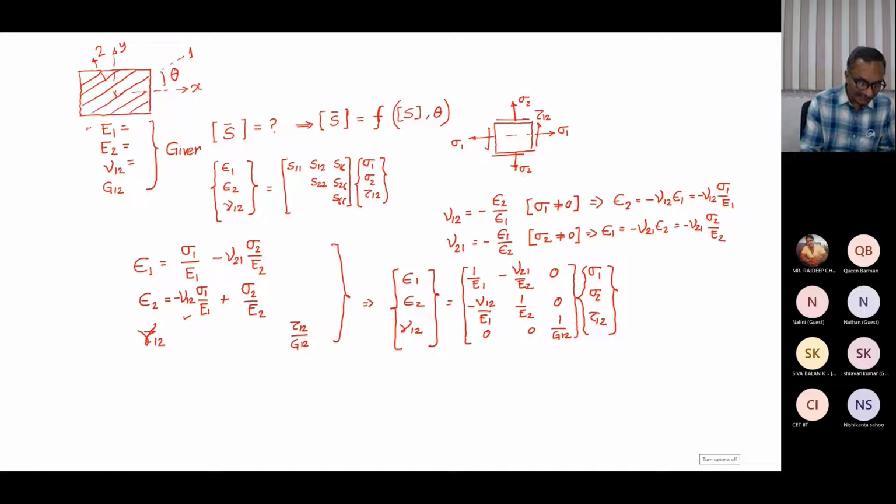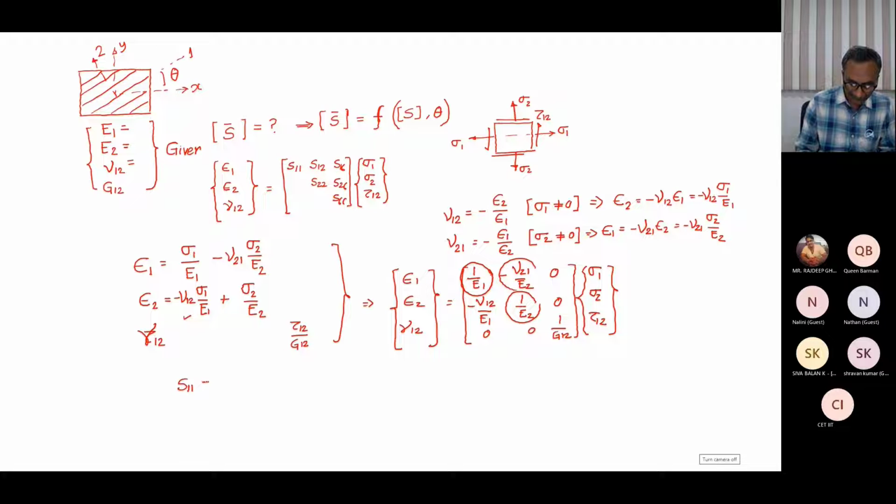So given this, we can now write what is S11, what is S22, and what is S12. Therefore, S11 is equal to 1 by E1. S12, of course, is equal to S21, which is nu 12 by E1 or nu 21 by E2, same thing.